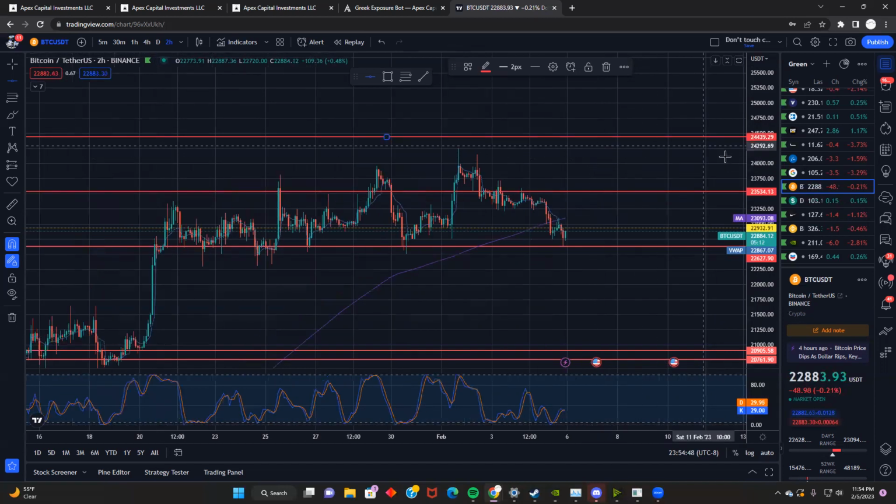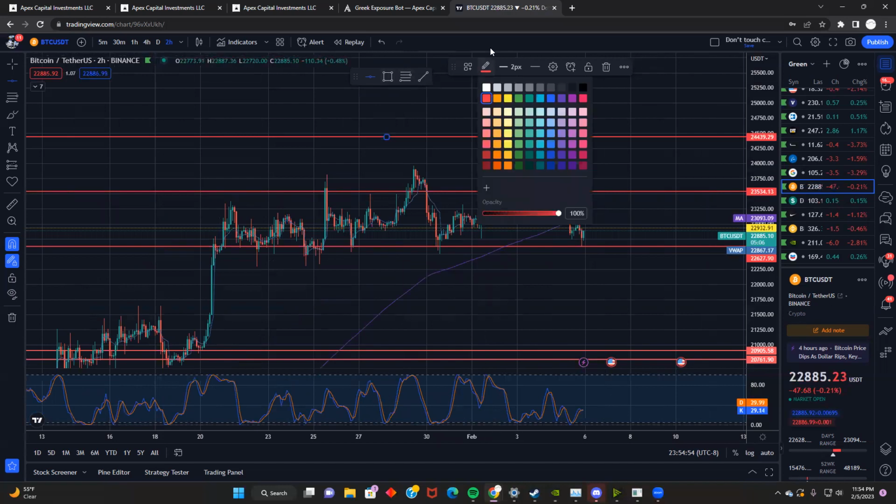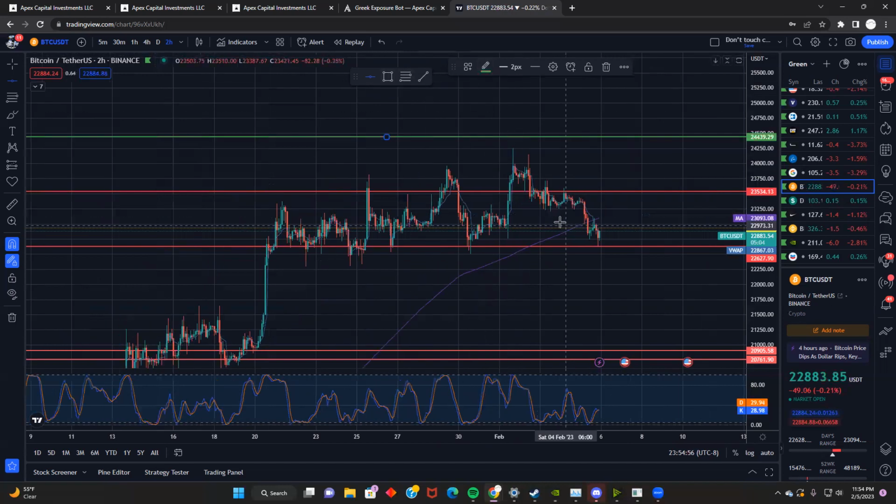We're just a bit off, but I mean, nothing's ever exact, right? And then you can always change this to green if you want it to be clear for you as far as that upside target. And then for your downside, if you do clear under this 22,000, you're going to subtract 907 from it.